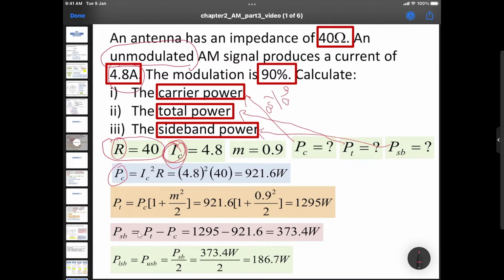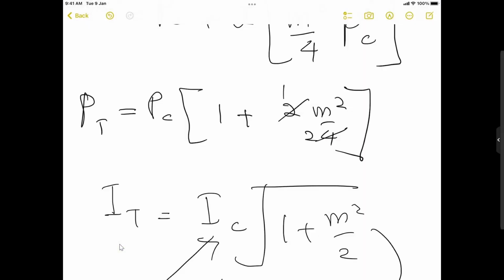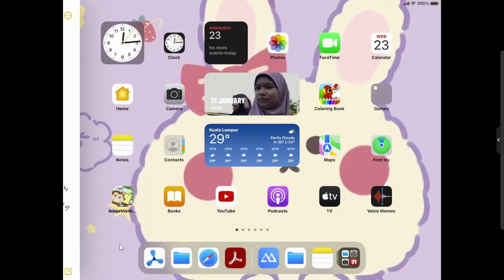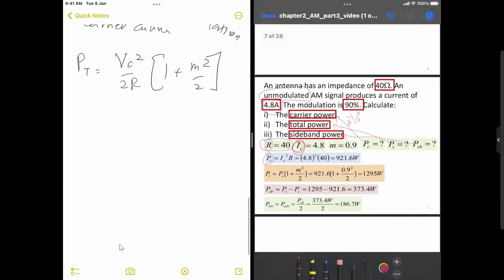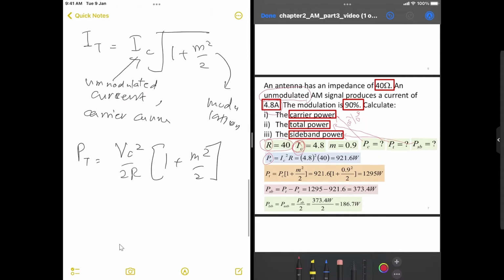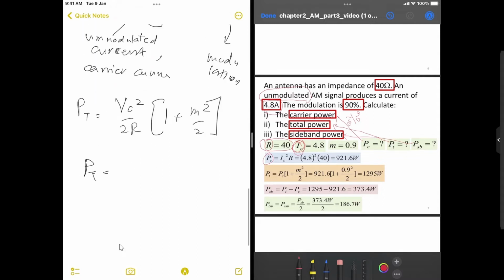And then the sideband. How to calculate the sideband? In this equation, the total power is actually PC plus 2 sidebands, power of USB.